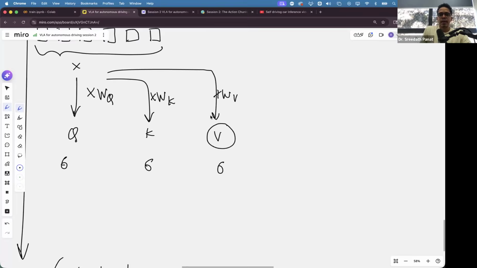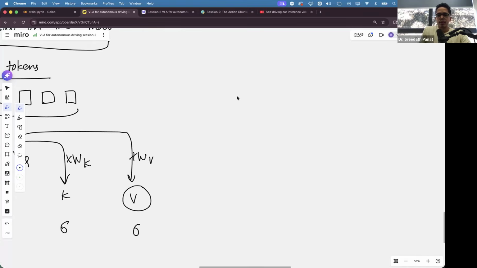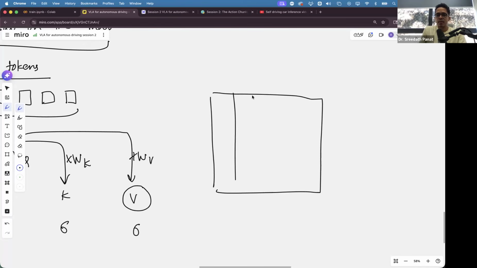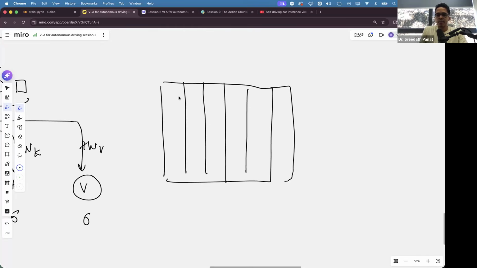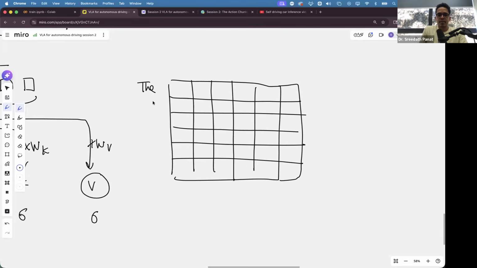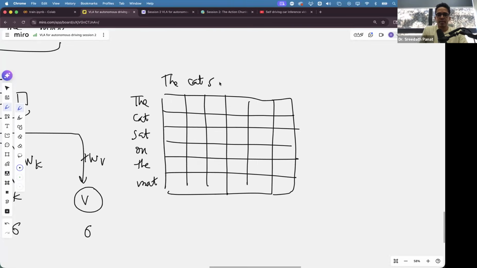So now we have the cat sat on the mat. Actually, let me draw a table, that'll be easier. Here the cat sat on the mat, and here also the cat sat on the mat.